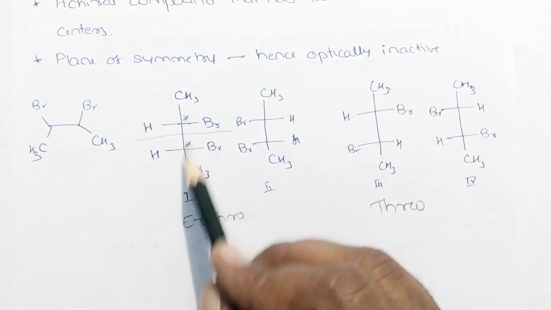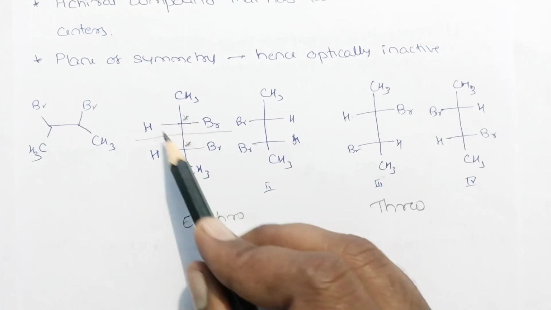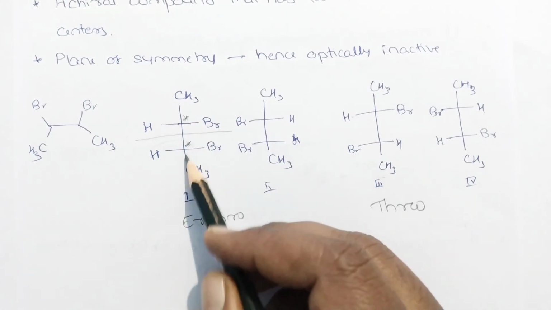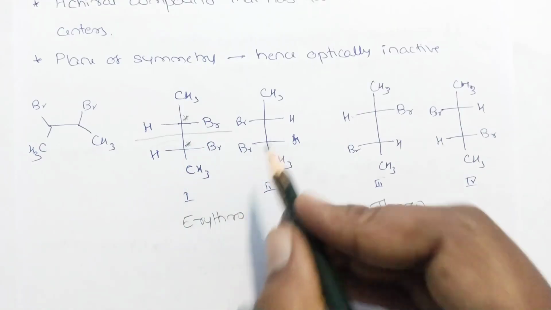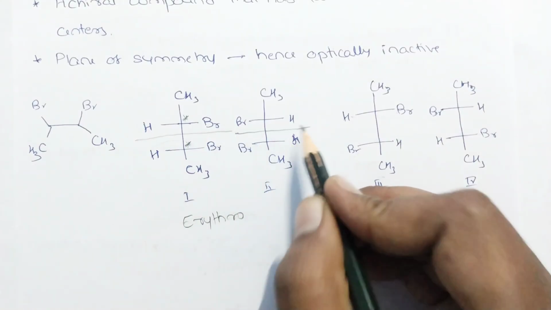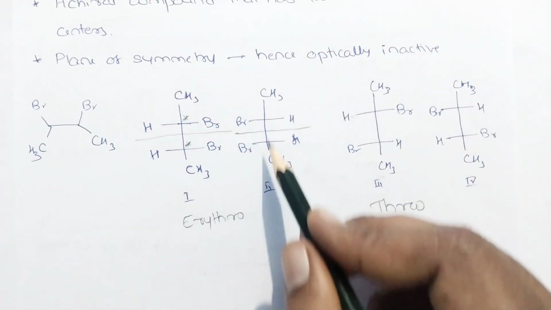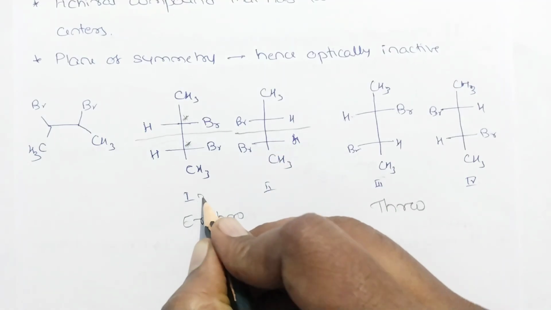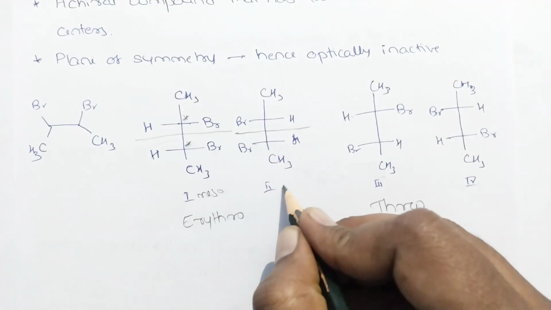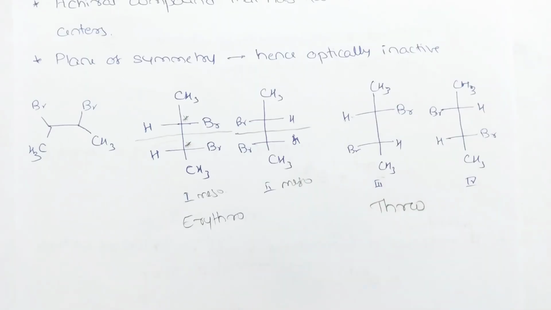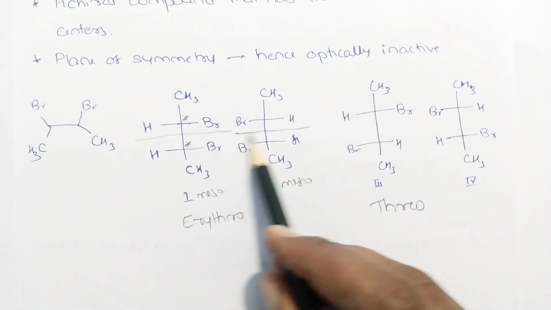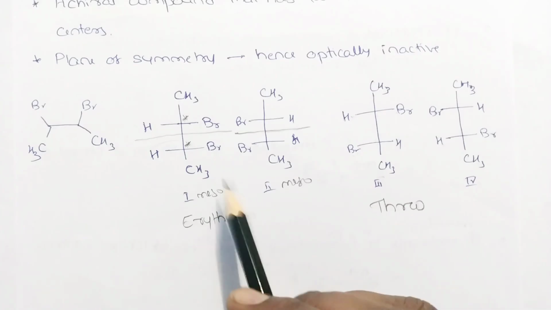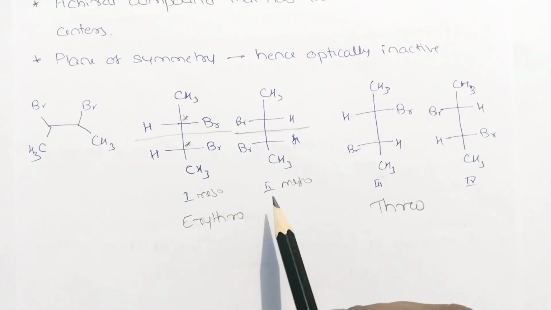Hence this molecule is optically inactive, so it is a meso compound. Here also you can imagine the plane, this half is exactly the same as this part. Hence this one, 2, is also a meso compound, because these have a plane of symmetry and are optically inactive.